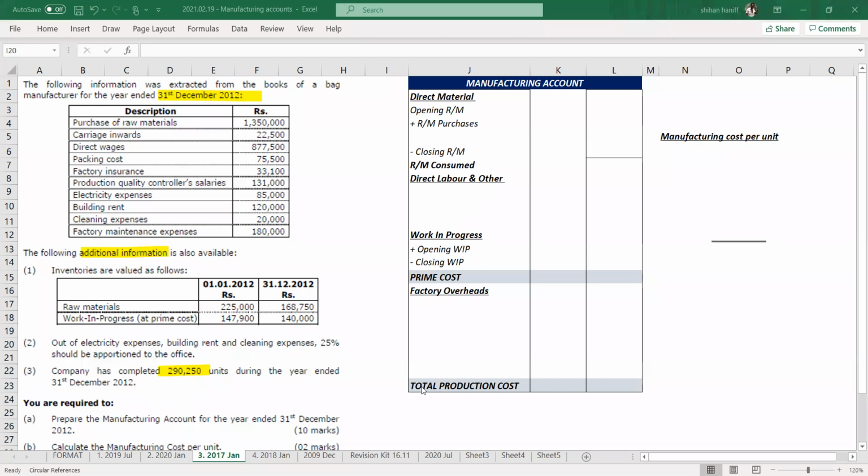Yes. 25% to office means 75% to the factory. The total production cost. We will start.